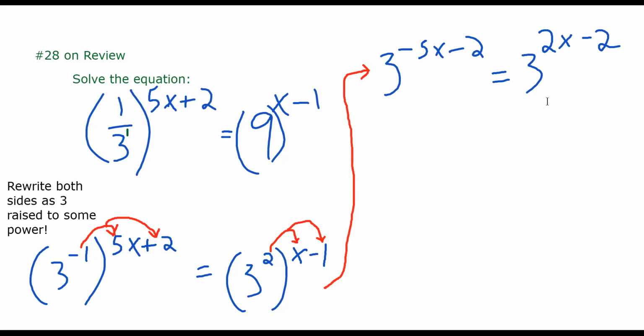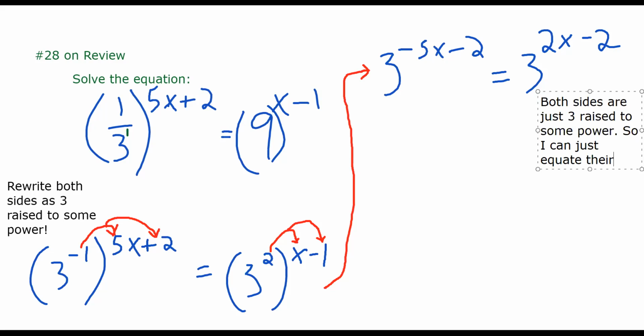Why in the world did I do that? Because now both sides are just 3 raised to some power. So I can just equate their powers.